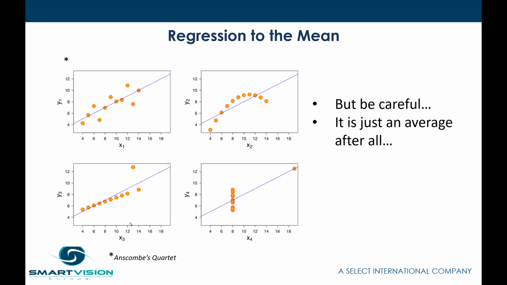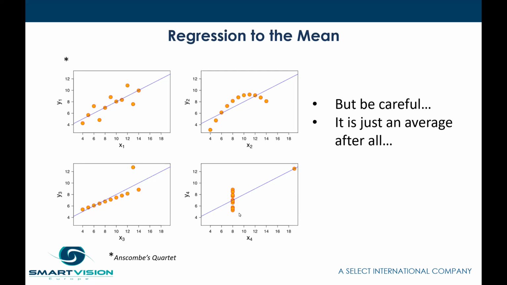This one down in the bottom left shows that the line can be affected by extreme points. If that point didn't exist, that average line wouldn't look like that. It wouldn't be as steep; it would be a little bit shallower. So extreme points can drag the line up, in exactly the same way that if you're measuring the heights of people and somebody who was 9 feet tall walked into the room, the average height would go up.